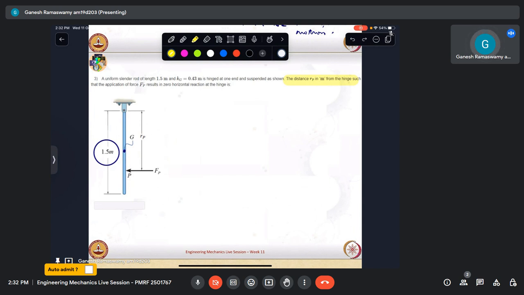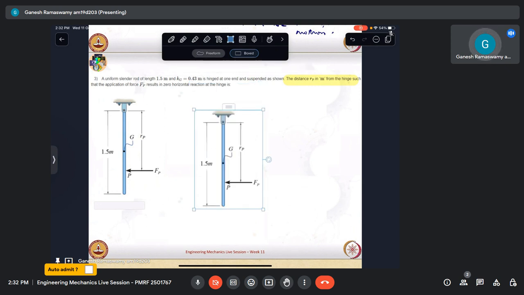So this distance Rp is such that when the force Fp is applied at P, it leads to no reaction at the supports. As we discussed, this is nothing but the center of percussion of the body, the distance to the center of percussion. So let us try to see how to go about solving this.